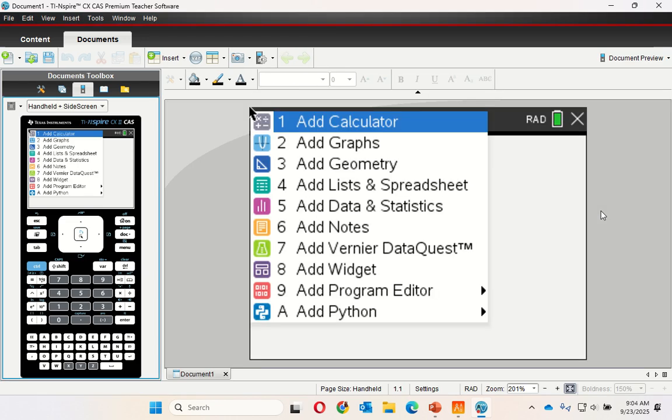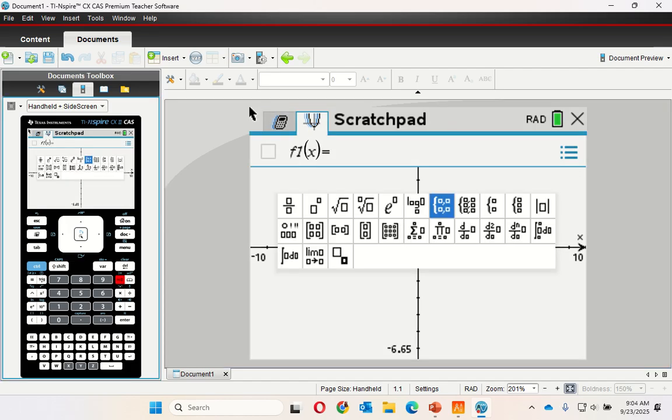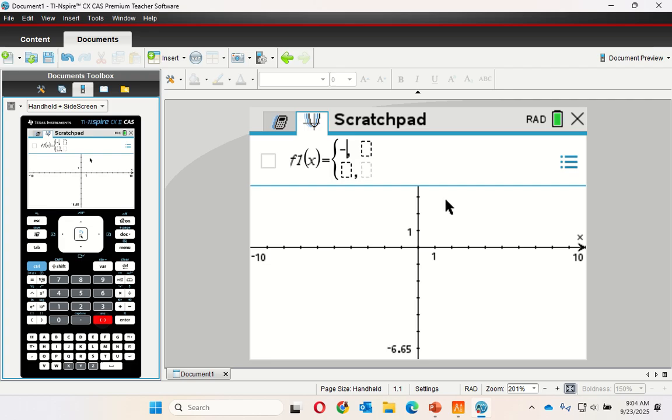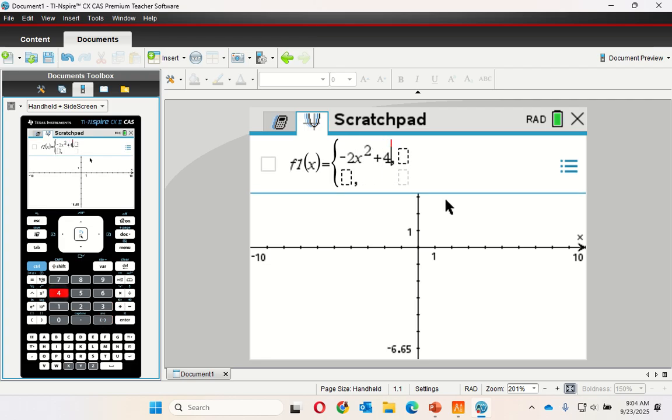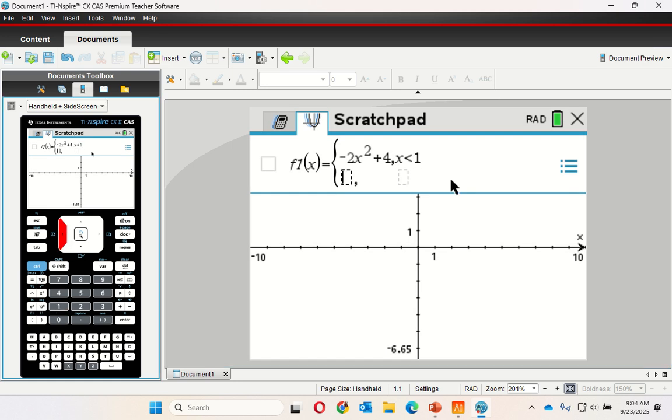All right, so let's go to our functions, and right here, I'm going to have piecewise. What was it? It was negative 2x squared plus 4, and that's when x is what? Less than 1? Yeah. Okay, so control here, and plug in this other one, and it was x squared plus 1.